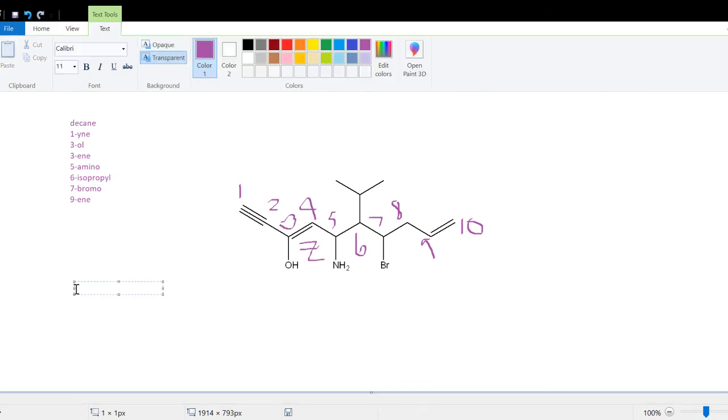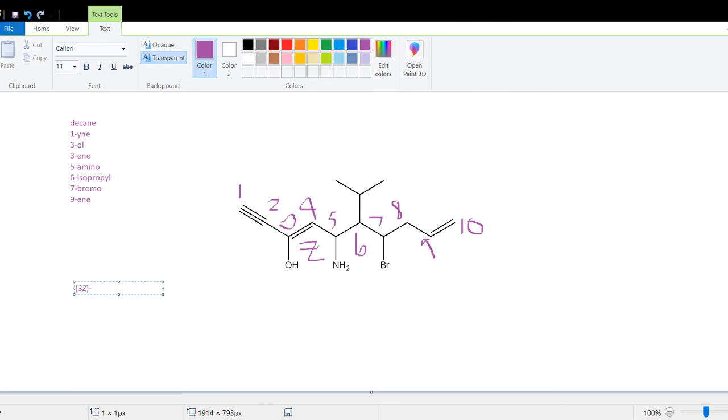Anything that's a prefix, so 7-bromo, 6-isopropyl, and 5-amino, those are the things that are prefixes that we need to alphabetize at the front of the molecule. It all starts by putting in the stereochemistry. Can I do that with the, oh cool, I can.